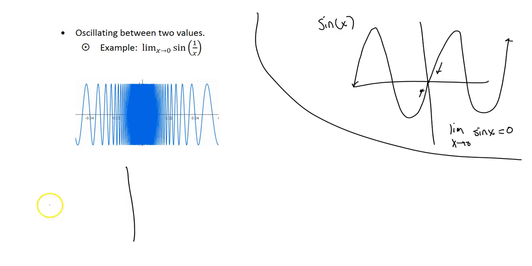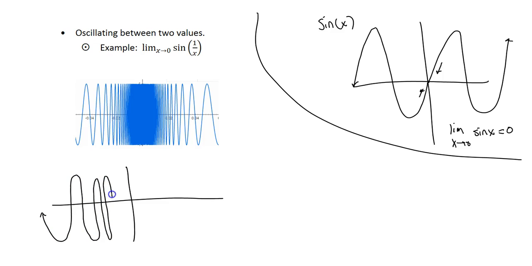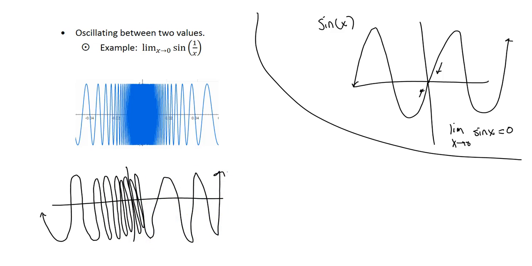So for example, if I tried to sketch it, I might have some wide oscillations out here, but they're getting narrower and narrower to the point where I can't even draw how close together they're getting. Okay, and then it kind of widens back out as we get further away from 0.